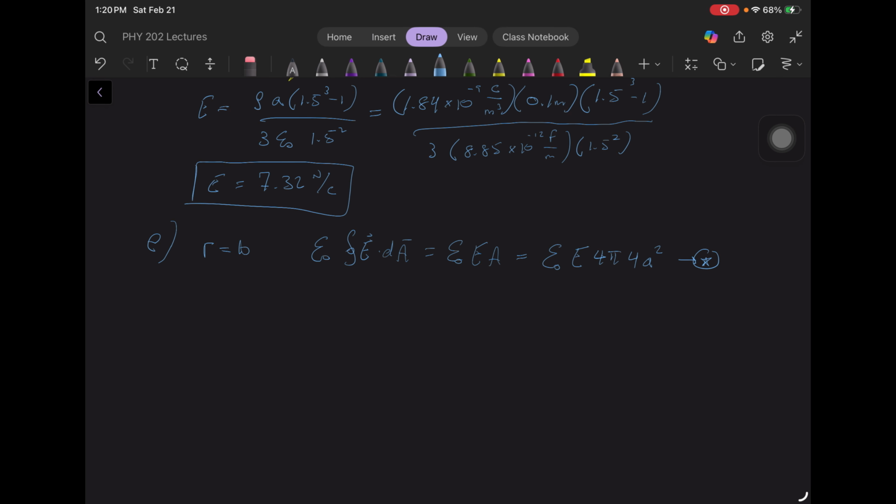Once you start getting comfortable, you can speed things up a bit. I didn't go through the whole, oh, the dot product goes away, then we pull the E out. It's just, I know this is going to be that.